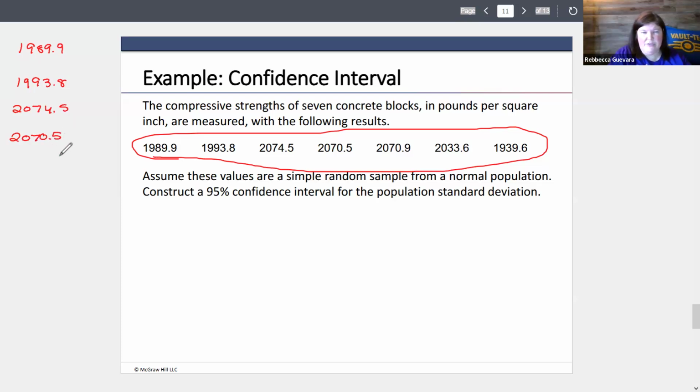And we're doing a population standard deviation. Okay, so we're only doing standard deviation. Just want to make sure I have the right thing here. Okay, so you have to be a little careful when you're doing this, that you're using the right numbers in the right way.